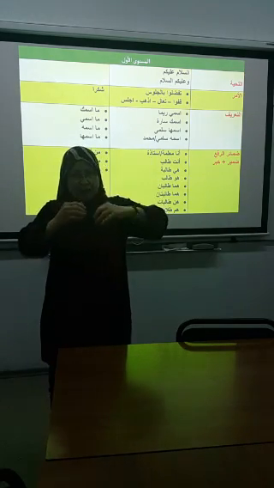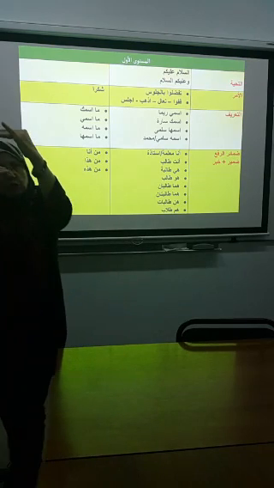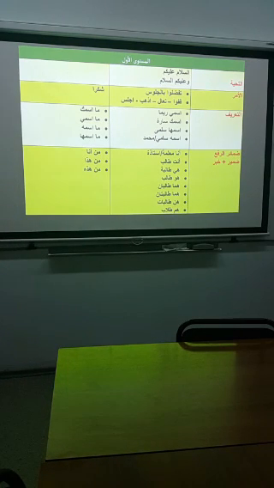We have to divide the list into stages. Okay, stage 1, 2, 3, 4, 5, 6. Suppose students study a foreign language just in 6 grades. 6 grades, 6 levels. So we divide the list of grammatical structures into 6 groups.